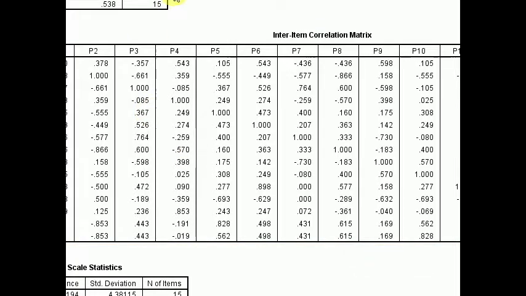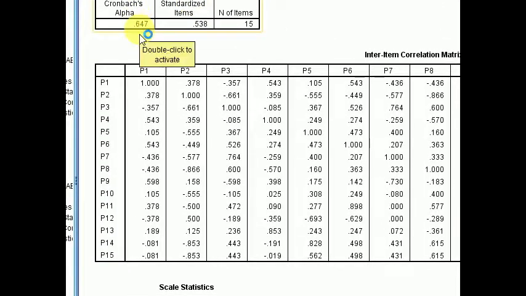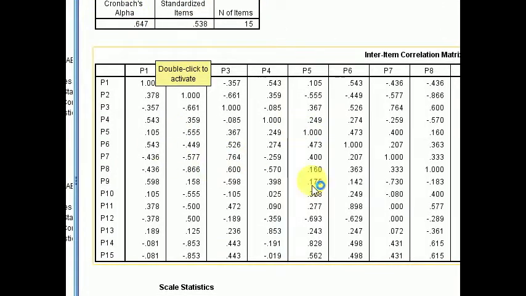With that in mind, a Cronbach's alpha of 0.647 is already okay, even though you have some negatively related items here. Maybe it goes to show that there are indeed unique answers from each teacher.